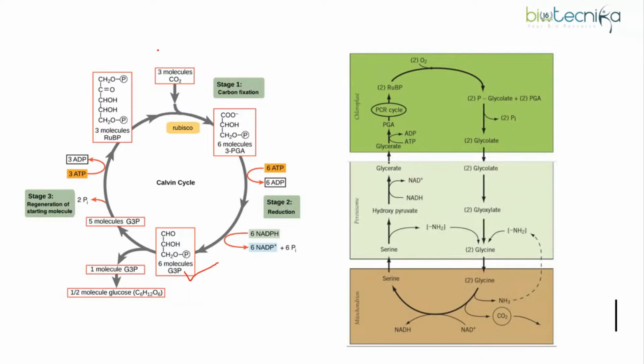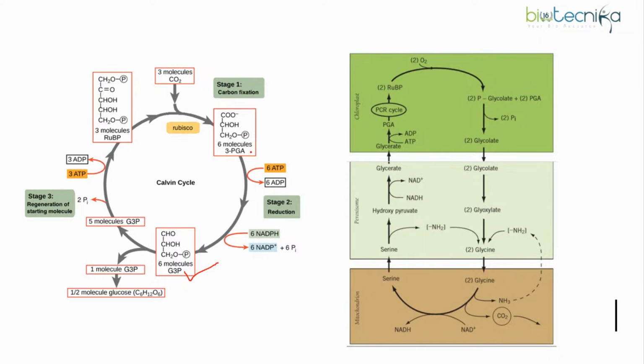So, let us understand the overall process first. In the first case, what is happening? There are three molecules of CO2, which get converted to six molecules of 3 PGA, phosphoglyceric acid, or phosphoglycerate. The first step is known as your carbon fixation step.